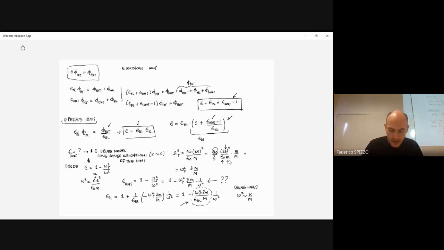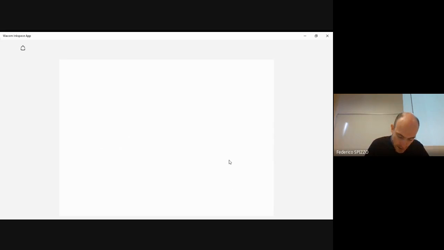And in this case, I just rewrite that so I may go on with the rest of the calculation. So we have that for the dressed ions, our contribution is 1 minus omega square of plasma, the electronic contribution, Zm divided by the ion mass, divided by the square of the frequency.